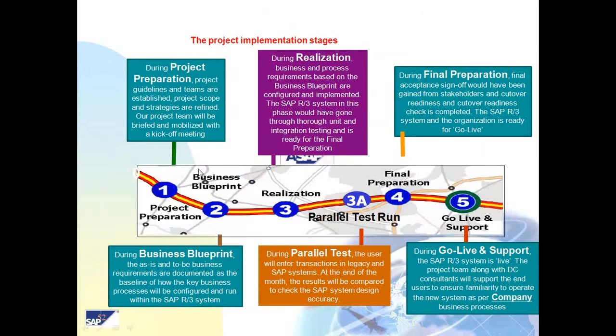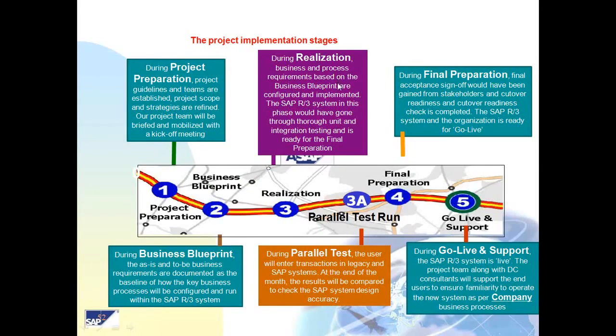Okay. So if you come to the blueprint stage, during the blueprint we are going to document the as-is and to-be business process requirements, and based on this blueprint documentation, we are going to configure in the SAP system. So there is the realization phase.